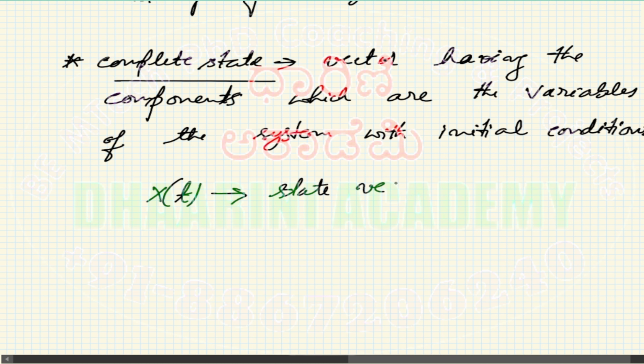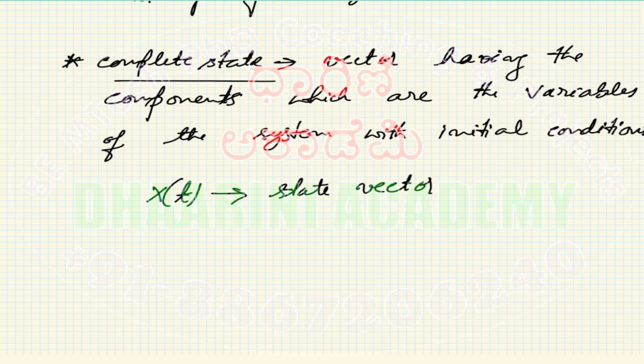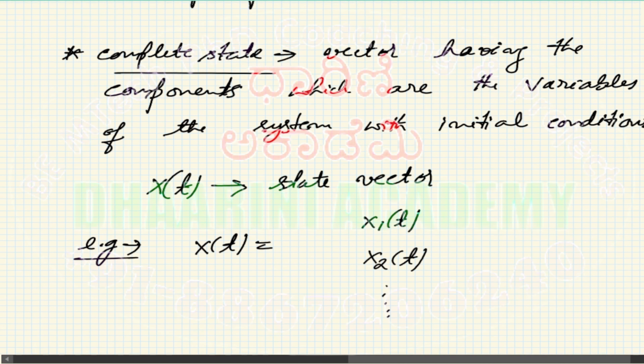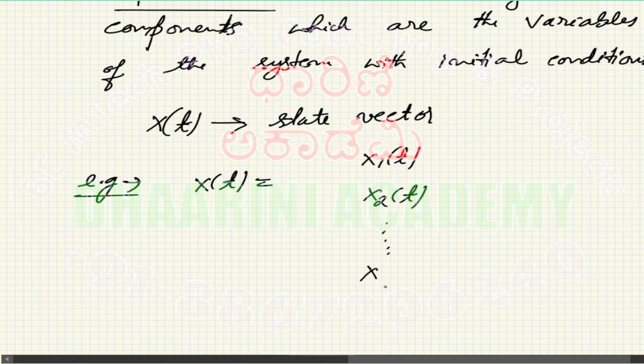When I say state vector, it's normally an n-dimensional vector because there may be n different elements. So, for example, let me write a general notation. The x of t may contain x1 of t, maybe voltage across the first capacitor, x2 of t, voltage across the second capacitor, x3, current across an inductor, x4, x5, and so on, like that you may have xn of t.